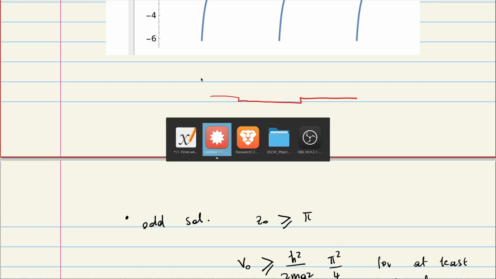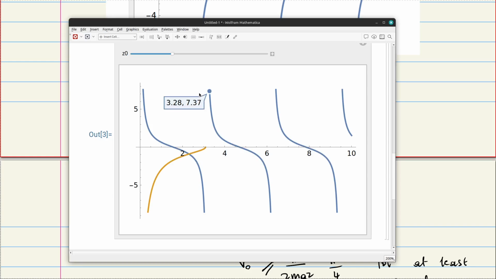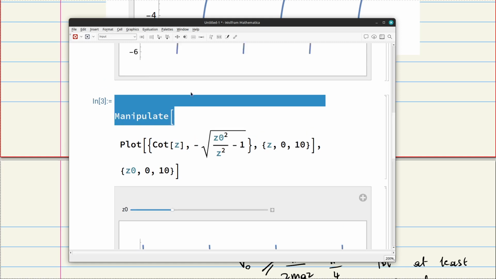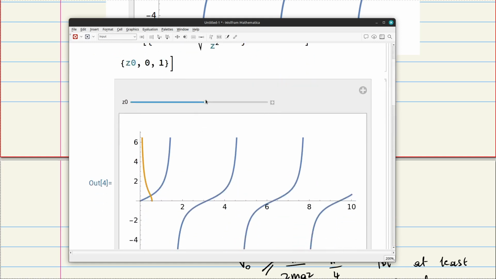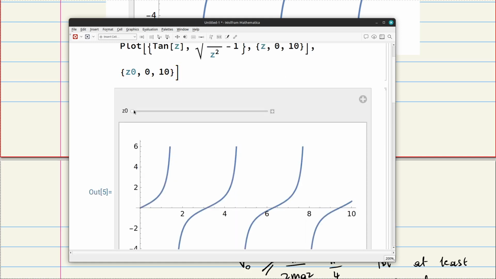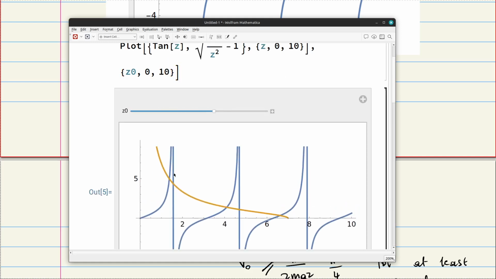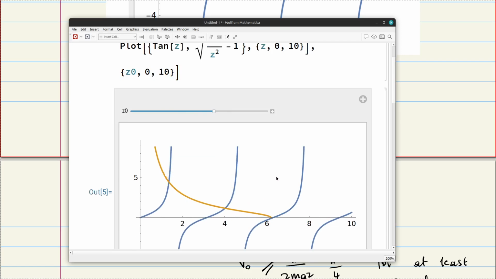Also, you can see if I increase V arbitrarily, as this thing goes to very deep, there are more and more solutions.